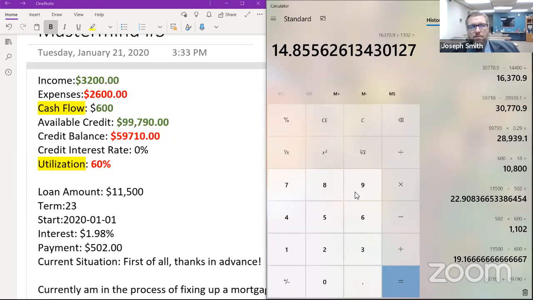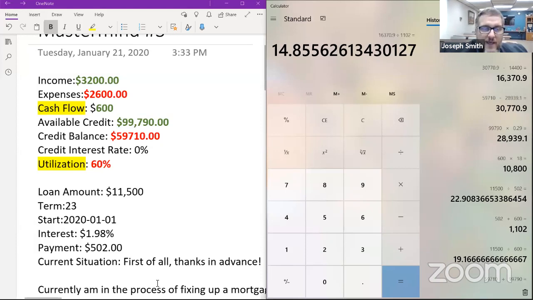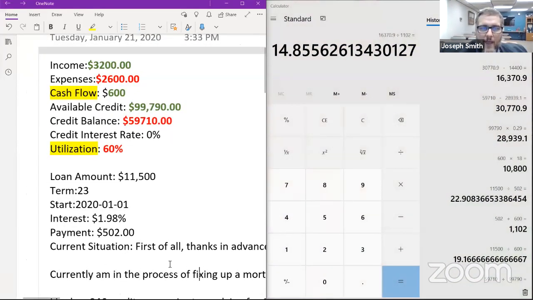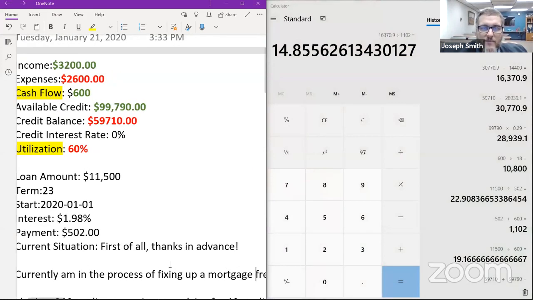Another option is we could start a business, and we could find somebody who has the credit score and the ability to personally guarantee our business for the $60,000 that we need, right? And we could pay this person.